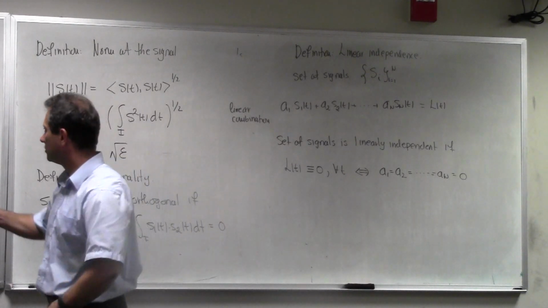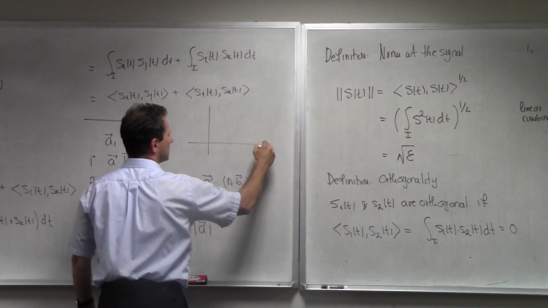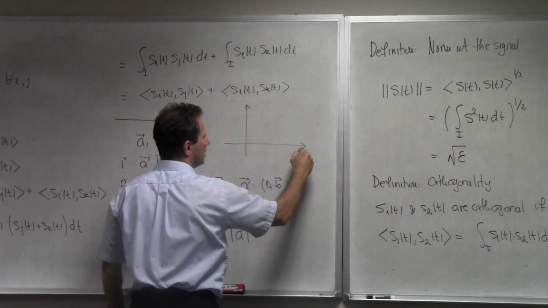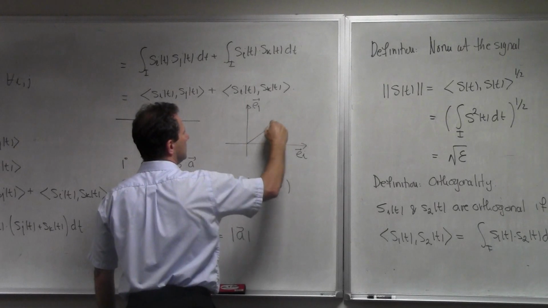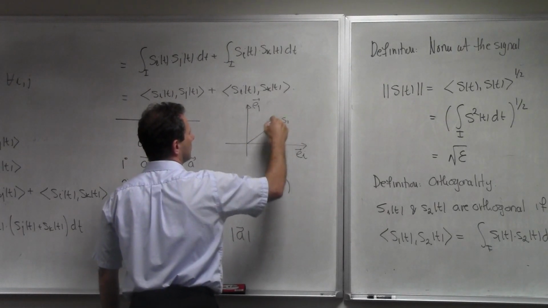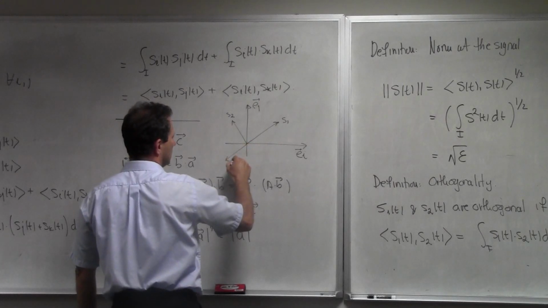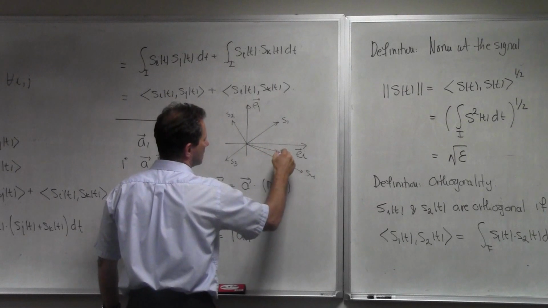Let me just go back to my vector domain. Let's look at two-dimensional space. This is my EI, and this is EJ. And this is my S1, this is S2, S3, S4, S5.